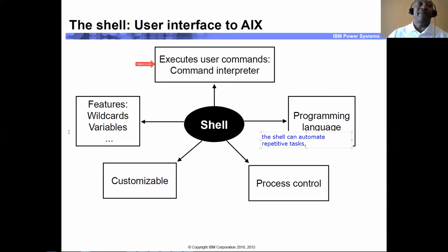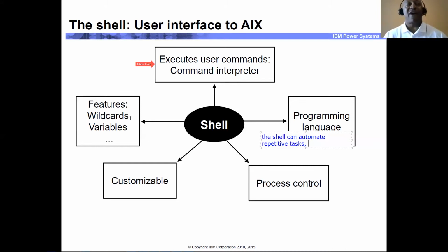I will be speaking about some of my favorite features of the shell here, wildcards and variables. Wildcards are characters that have special meaning to the shell, meta characters like the pound symbol, the question mark, or the asterisk, that go beyond their typical use.